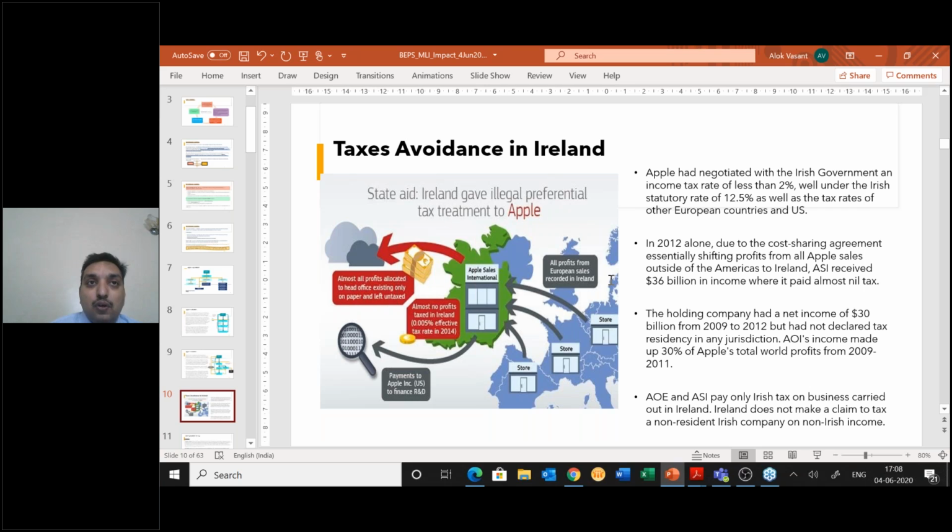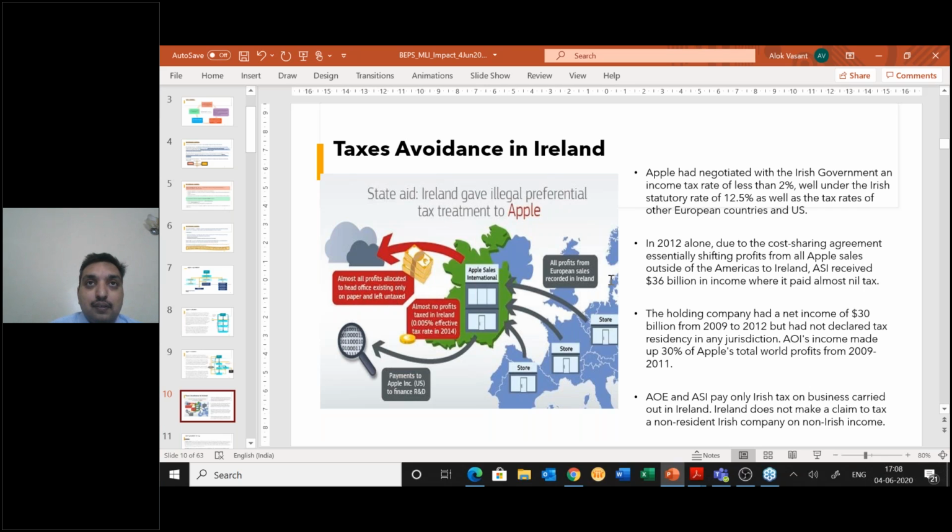Now, look at the turn of events. It is European Commission which is passing an order stating that Apple has evaded tax to the extent of $13 billion. And Ireland has facilitated that in form of reduction of their tax rates. And therefore, Ireland should recover.